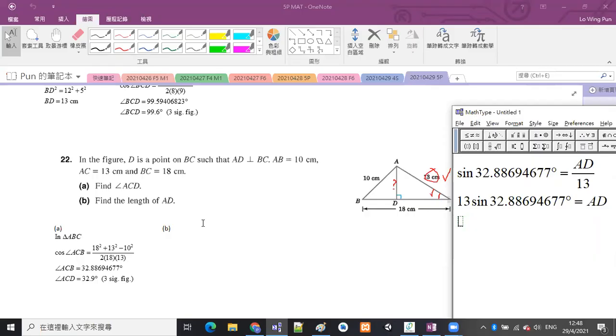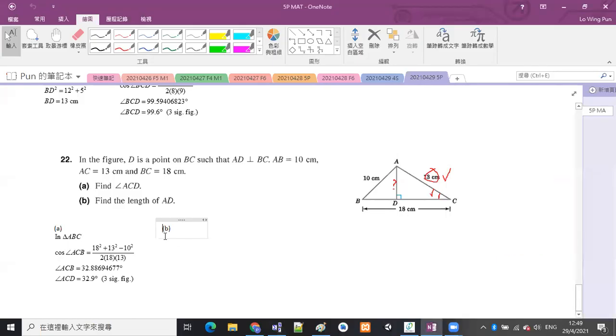It should be 7.058780978 cm. As this is the final answer, you may correct this to 3SF. It should be 7.06 cm. This number is correct to 3 significant figures. So that is the answer of part B.